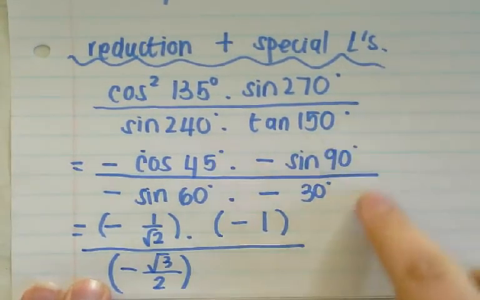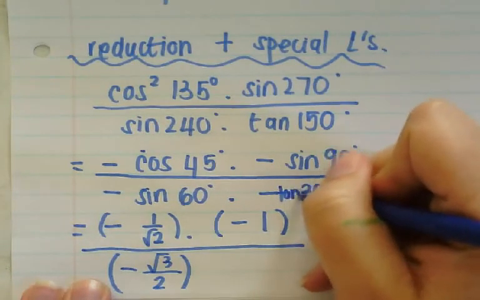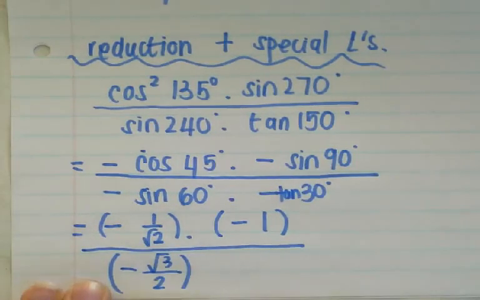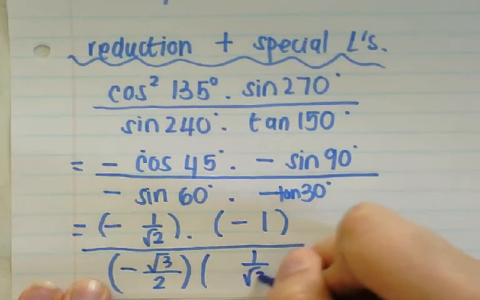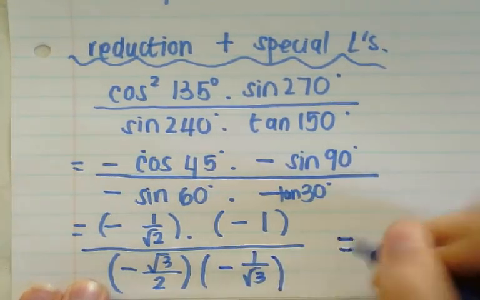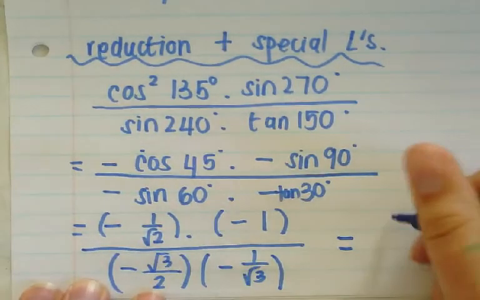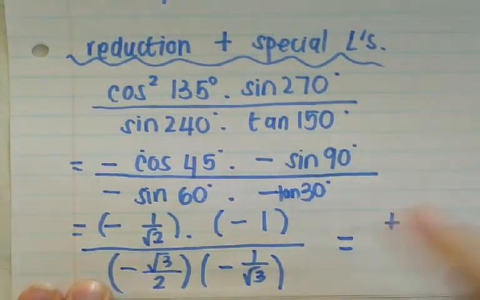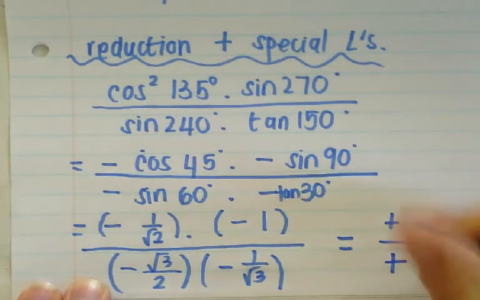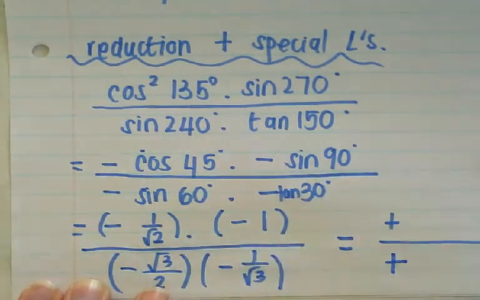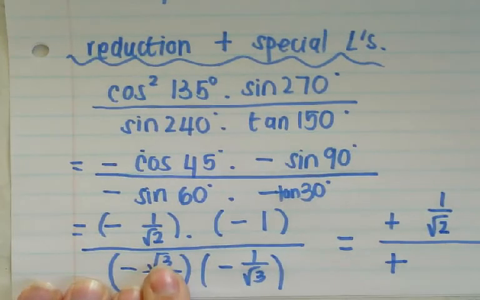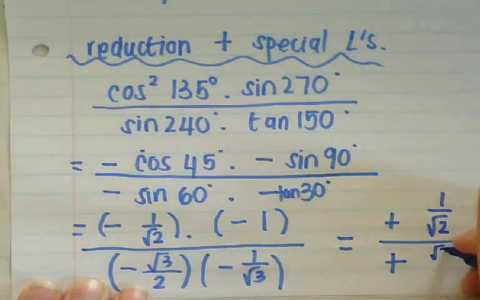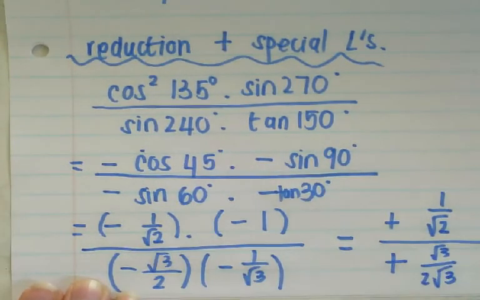And lastly, tan 30, which I forgot to write there. Tan 30 is 1 over square root 3, but it is negative. Negative times the negative is positive. Negative times the negative is positive. 1 over square root 2 times 1 would just be 1 over square root 2. Square root 3 times 1 is square root 3. And 2 times square root 3 is 2 square root 3.